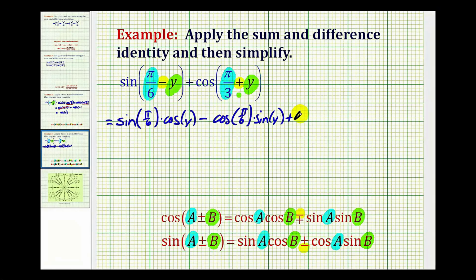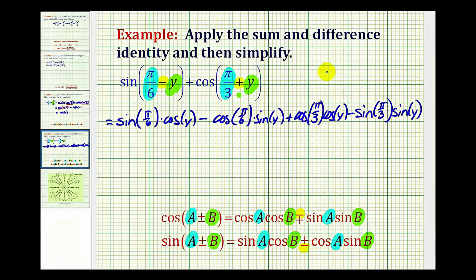So we'll have cosine pi over 3 times cosine y. And since we're using the plus sign here, we'll use the minus sign. And then we'll have sine pi over 3 times sine of y.